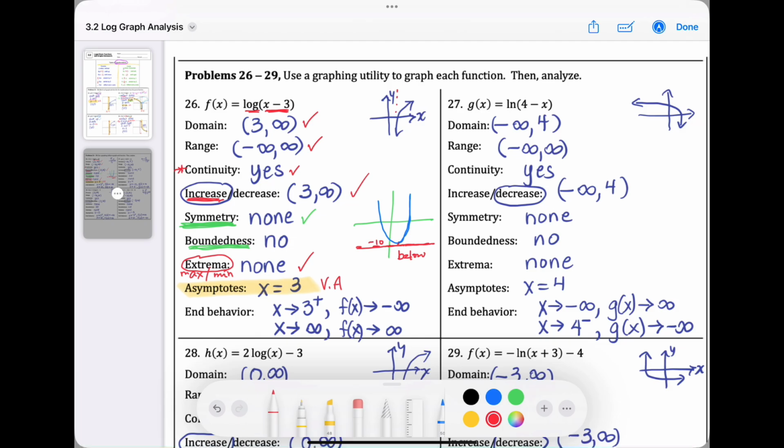Since you look at your picture, okay, the picture right here, it's my vertical asymptote, x equal to 3. Okay, let me clean this out. Now, end behavior, talking about to the left, to the right.